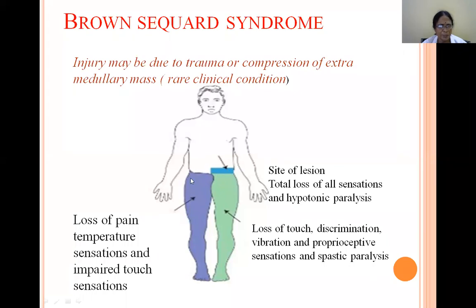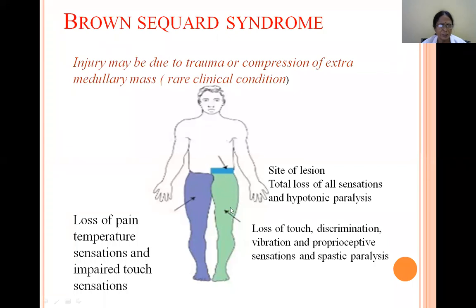But pain and temperature sensations are carried by the anterolateral spinothalamic tract. Therefore, pain and temperature sensations are lost on the opposite side because they cross to the opposite side.